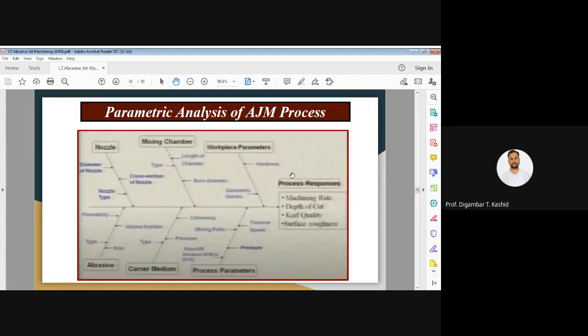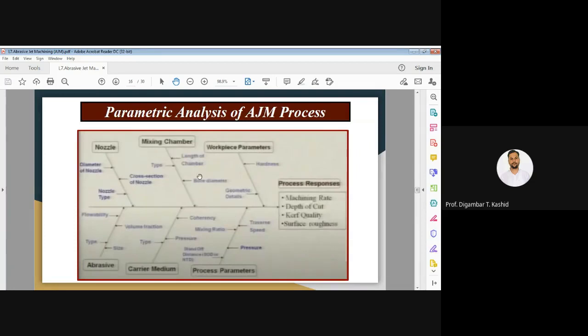Then the second parameter is the mixing chamber. In that, again, the length of the mixing chamber, the type of mixing chamber, and the bore diameter of the mixing chamber also affect the performance.